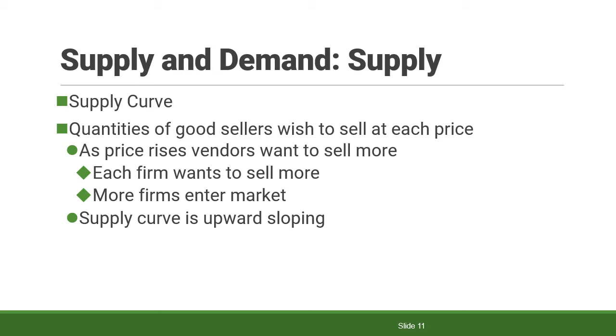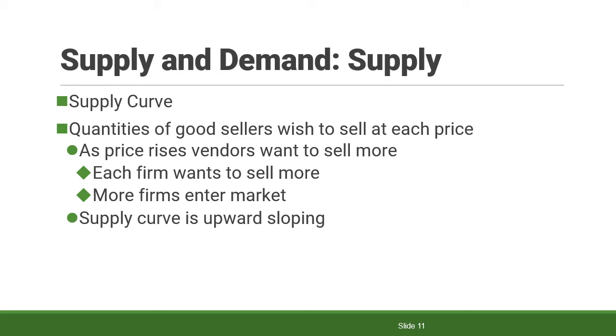So when we're talking about market economies, it's inevitable for us to touch on the notion of supply and demand. And in understanding supply and demand, obviously you have two main concepts to work through. You have supply and demand, right? So supply is largely represented through a supply curve. It is the quantities of goods sellers wish to sell at each price.